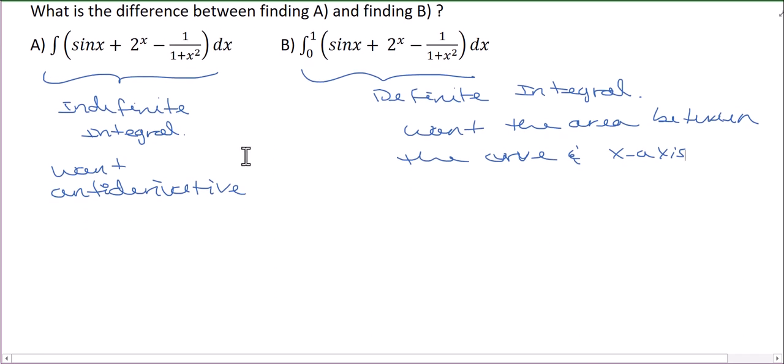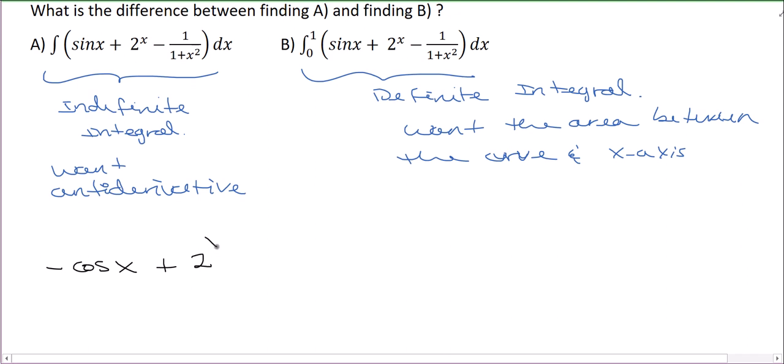So for A, I just want the antiderivative. So my antiderivative here, what's the antiderivative of sine? That would be negative cosine x, right? The derivative of cosine is negative sine. You can check it. So it would be negative and negative, give us a positive. Plus, what about the antiderivative of 2 to the x?